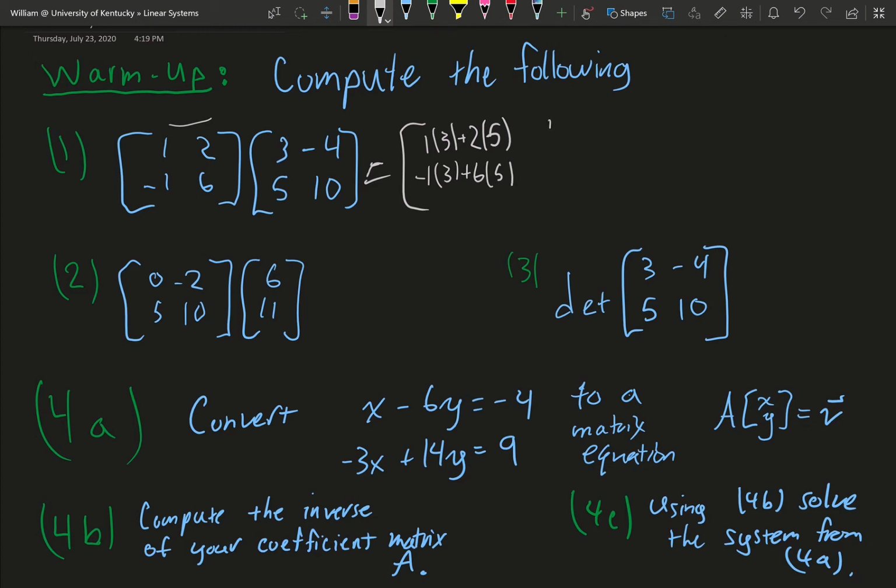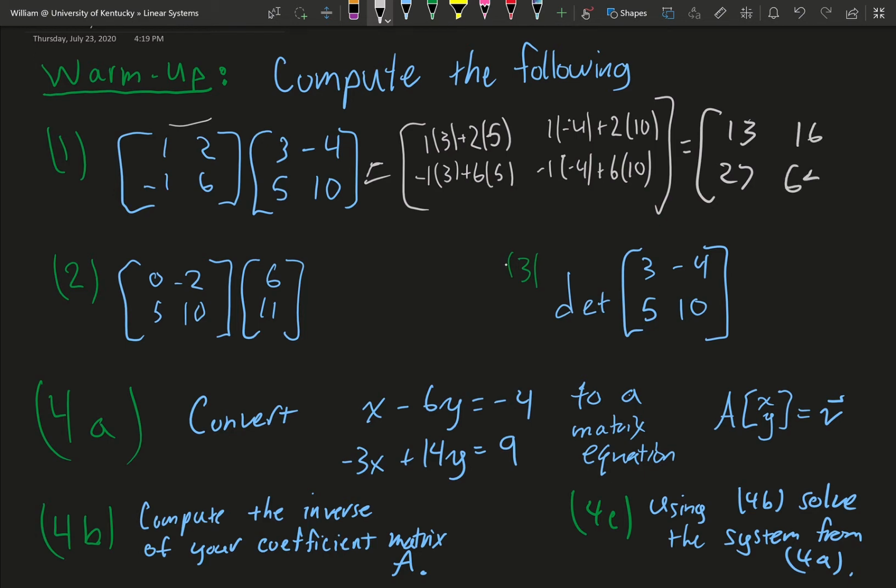Here we have 1 times negative 4 plus 2 times 10, and negative 1 times negative 4 plus 6 times 10. So 10 plus 3 is 13, 30 minus 3 is 27, 20 minus 4 is 16, and 60 plus 4 is 64. So that would be our answer here.